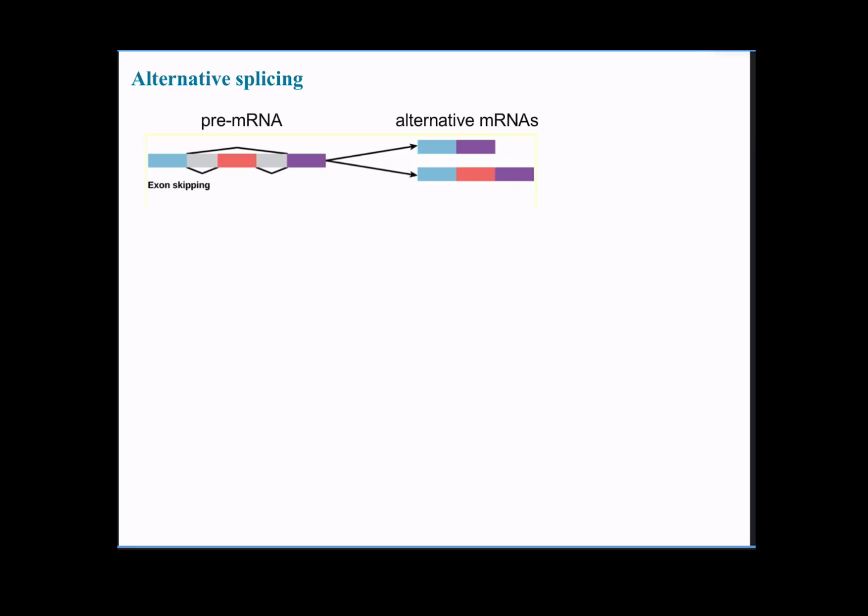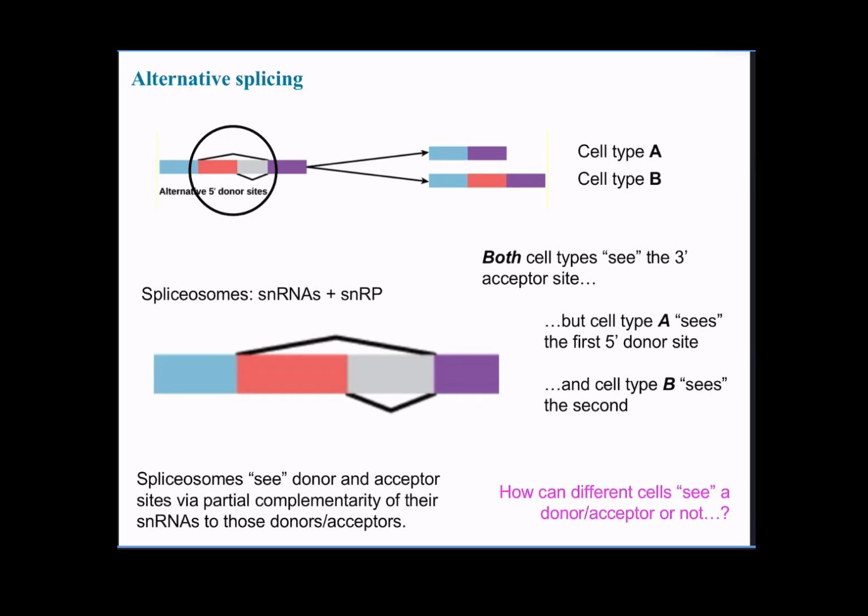All right, so alternative splicing is just that. The same pre-mRNA can be spliced differently depending on different conditions. Let's say, for instance, that we have these two cell types, cell type A and cell type B. This kind of goes along with your idea that maybe cells do it one way, other cells do it another, though it could be the same cell type A, under condition 1 and condition 2, okay?